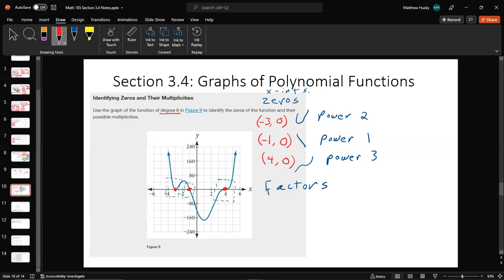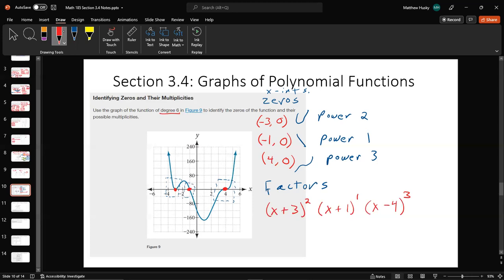So the zero -3 would correspond to x plus 3. -1 would correspond to x plus 1. And 4 would correspond to x minus 4. We said that the one at -3 comes from a power of 2. The -1 comes from a power of 1. And the 4 comes from a power of 3. Usually we don't bother to write a power of 1.